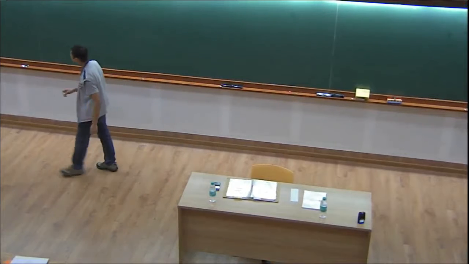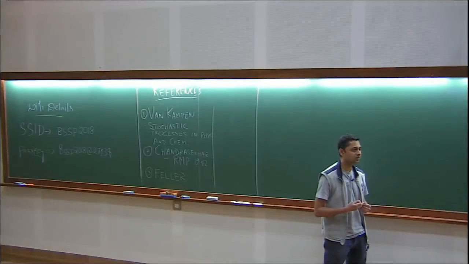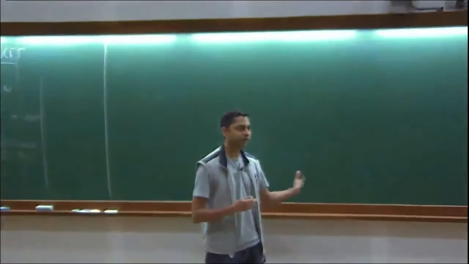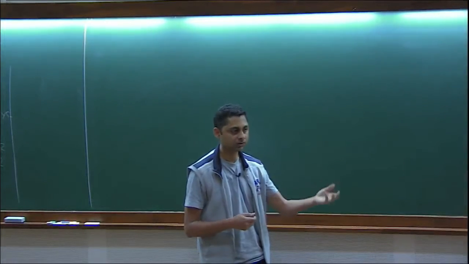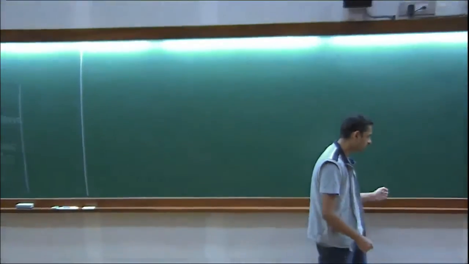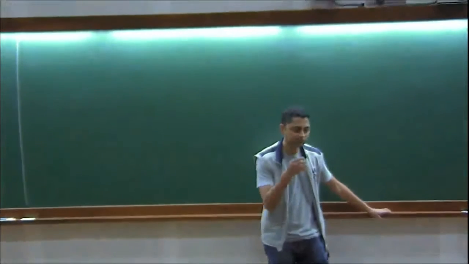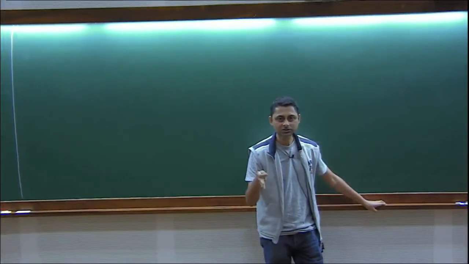In the last two classes, we looked at the problem of Brownian motion in a potential, or a free particle, in various ways. We looked at the Langevin description, then the Fokker-Planck description. We said that the Fokker-Planck equation can be mapped to a Schrodinger equation.